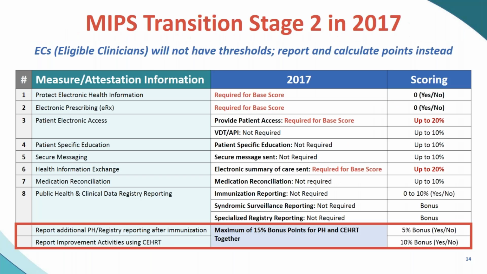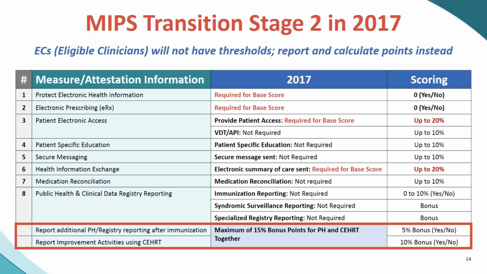Okay, now looking specifically at what you want to do, because there are going to be some elements that are going to affect how you report. So this, again, is stage 2. We are going to assume, we have not heard of any groups yet that are planning to report stage 3 in 2017, so we'll just keep it at this level, which is stage 2.